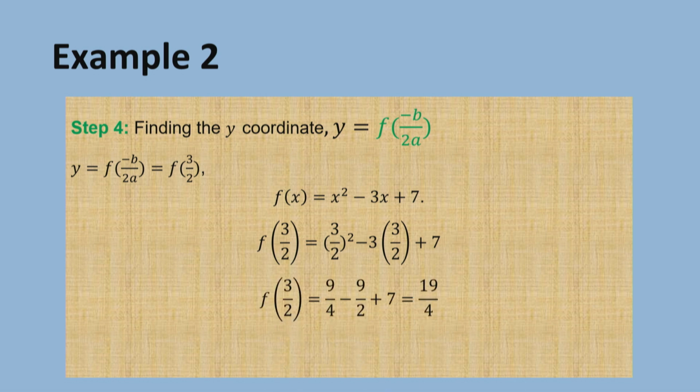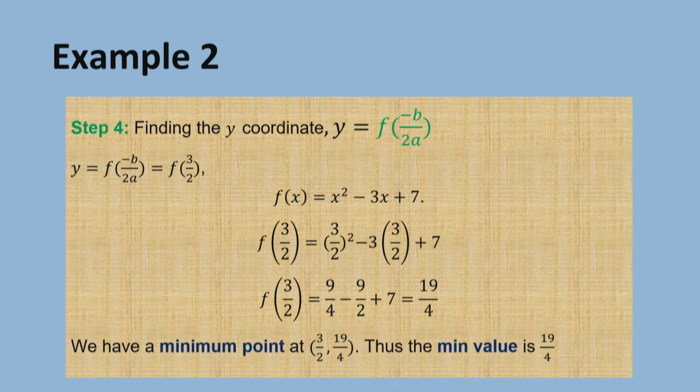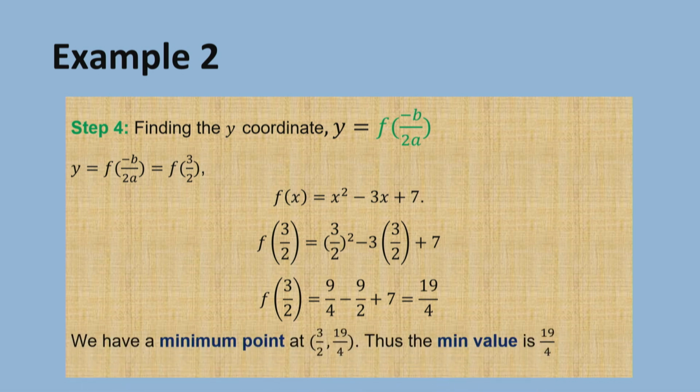So, that's 9 over 4 minus 9 over 2 plus 7, which will be equal to 19 over 4. Therefore, the minimum point will be at 3 over 2, 19 over 4. Thus, the minimum value is 19 over 4.